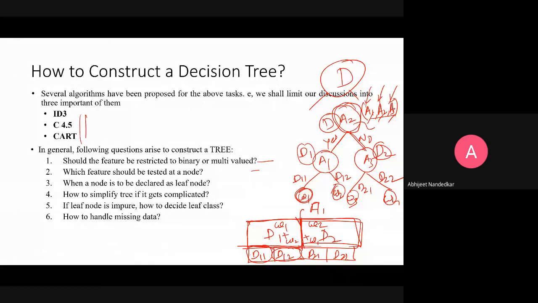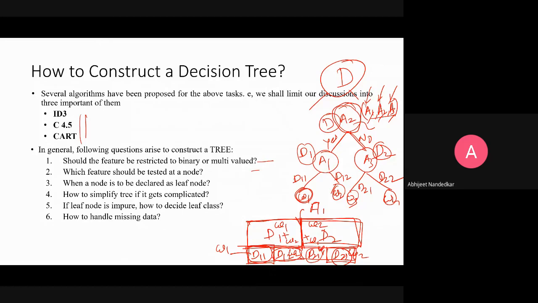Doing so, suppose I get everybody here as omega 1, everybody there as omega 2, and maybe here again omega 1 or omega 2, then no further division is required because everybody here is omega 2, everybody here is omega 1. So we keep on dividing sets, or creating branches in the tree, till we get a pure node.